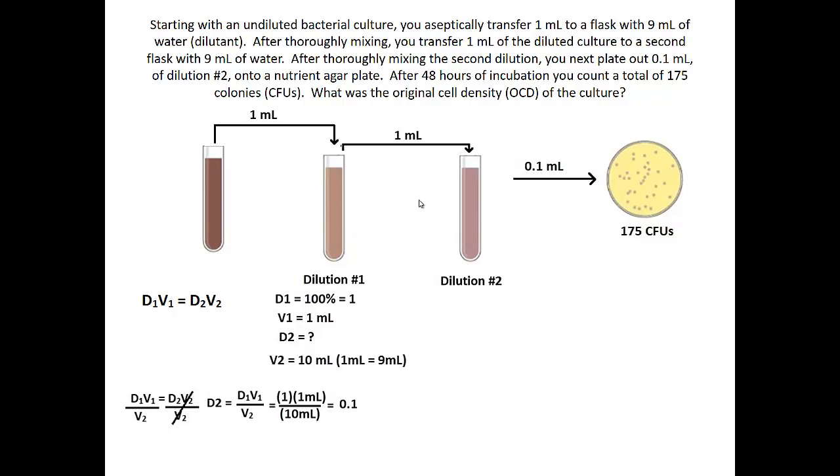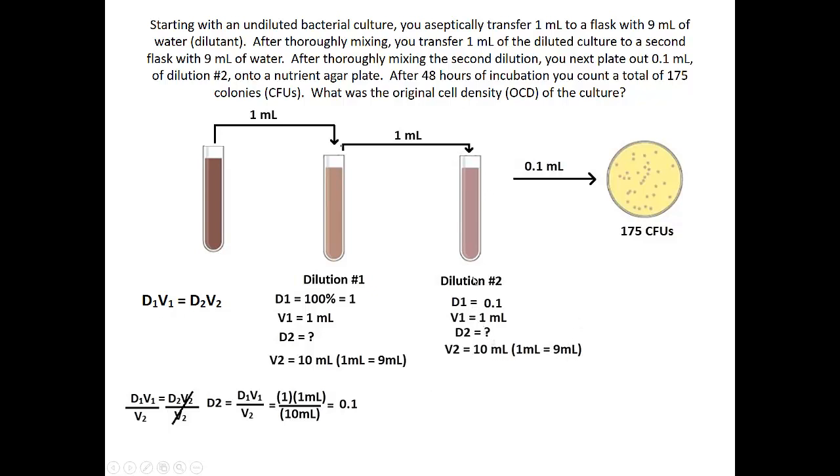Now we're going to take that and start again with the next part of the problem, starting here in the middle. So this is now going to be D1 and V1, and this is now going to be D2 and V2. So now D1 starting here is the answer from the previous problem, 0.1. Once again, we transferred 1 ml, and once again in the problem, we are transferring that to 9 mLs of water to make a total of 10 mLs.